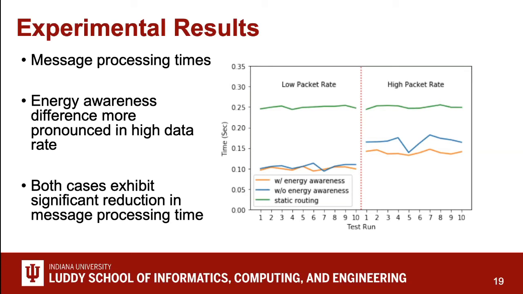But as you get into the high packet rate, as more messages are being sent, the energy factor becomes more prevalent. You can see there's a significant reduction in average speed per message difference between the energy awareness, which is orange, and without energy awareness, which is blue.